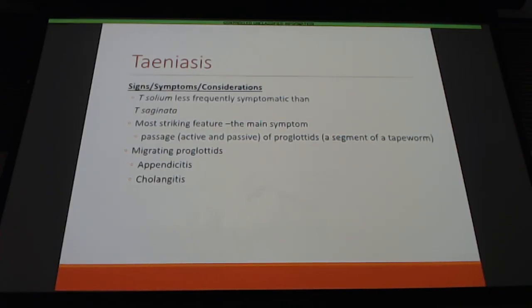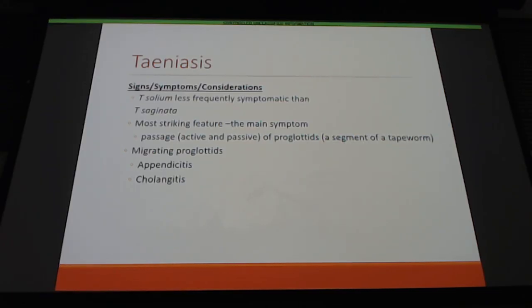If this worm is extremely large, number one, it may block up those openings, causing everything to back up. So it will possibly cause you appendicitis or cholangitis. Not just the worm itself, but the proglottids may also block up those areas, which means now everything is going to get backed up as well, spurring some possible cholangitis and appendicitis.